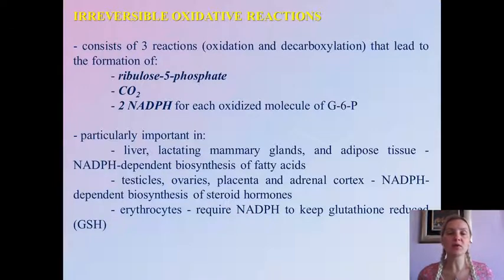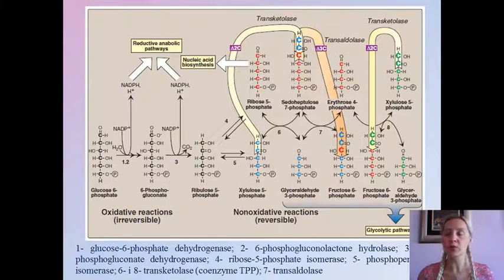So now that we know that this pathway is so important, let's explain which reactions occur during the hexose monophosphate pathway. And here is a figure which I really like a lot, and I think it's very illustrative and explains the whole metabolic pathway in a simple, understandable way.